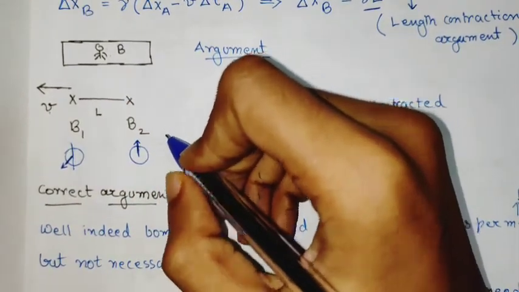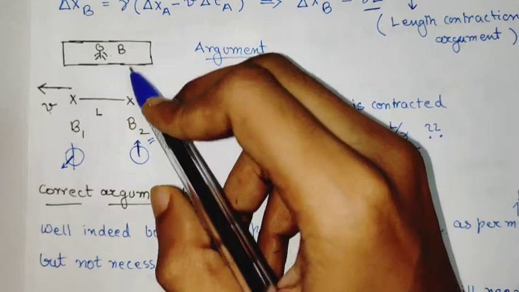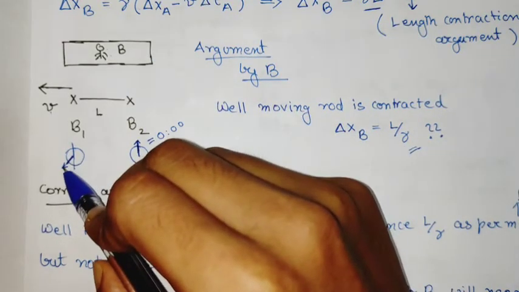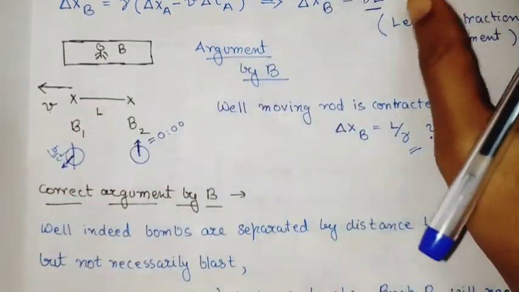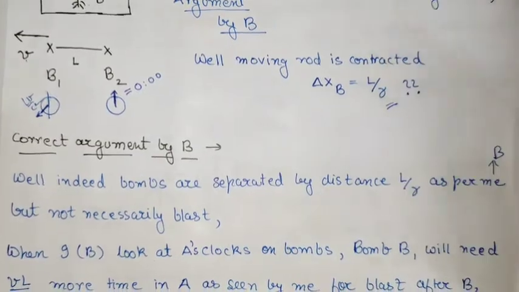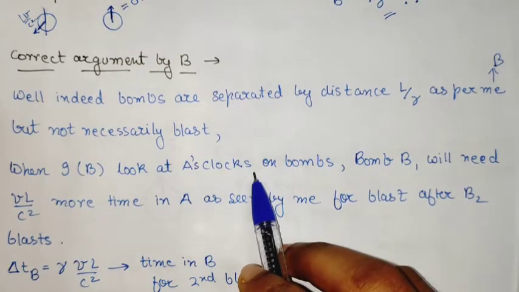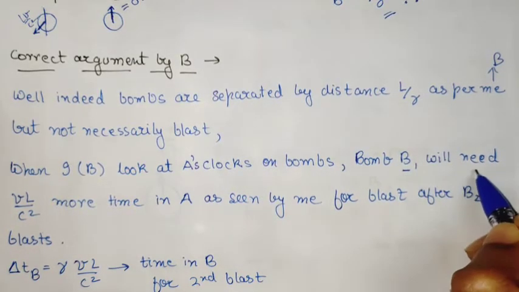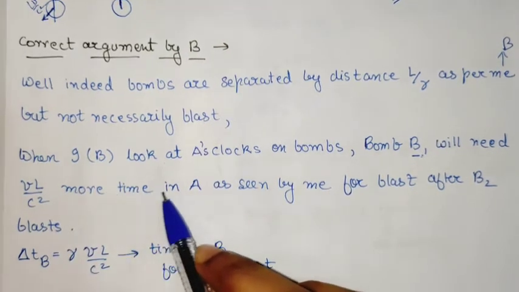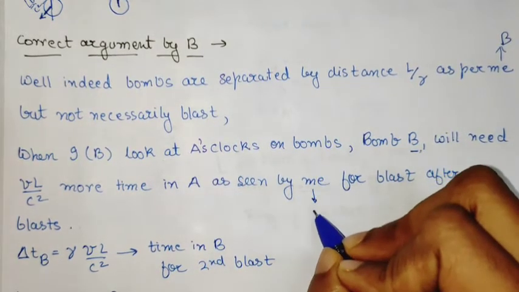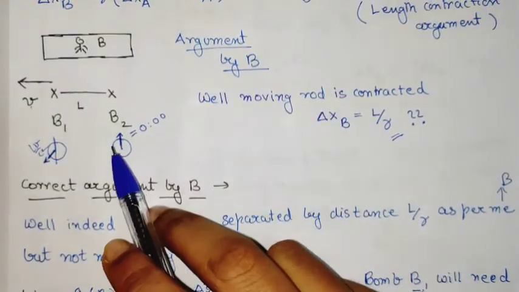So basically, when time equal to 0 has reached in the rear part, the front bomb is still lagging by a time of LV over c square, as we saw in the previous argument. So when Bob looks at A's clock, the bomb in the front will need VL over c square more time in A as seen by Bob for the blast after the bomb in the rear end has blasted.